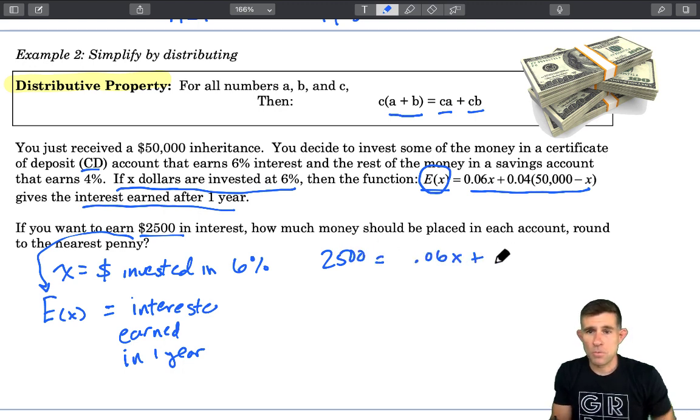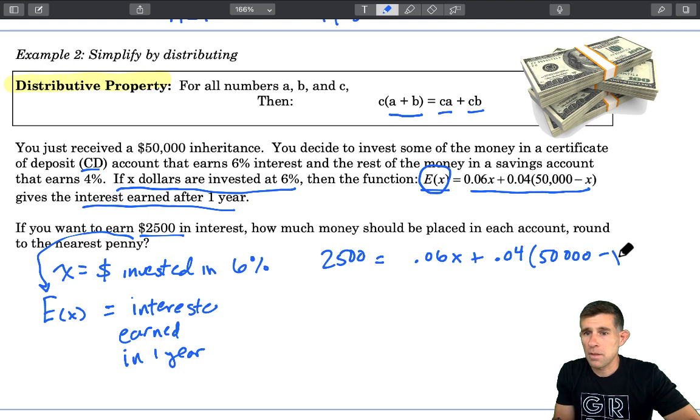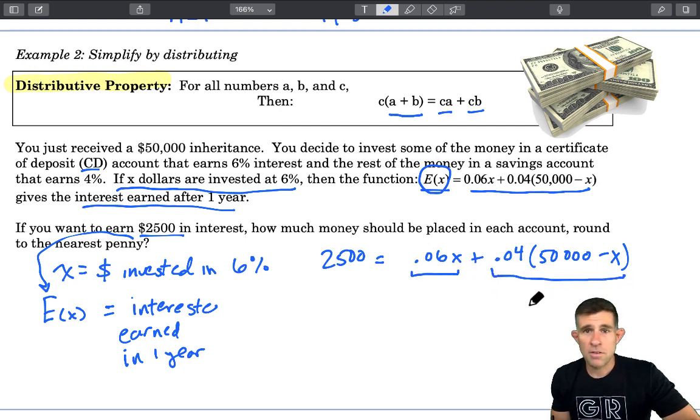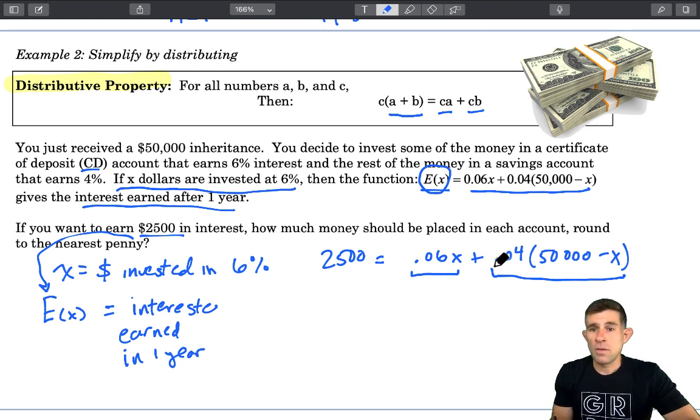All right, so we're going to write it just like this, and you'll see where that distributive property is going to come into play. We have $2,500 is equal to the amount of interest earned in one account plus the amount of interest earned in the other account. Well, you see that we have a 0.04 out in front of the parentheses here for 50,000 minus x.